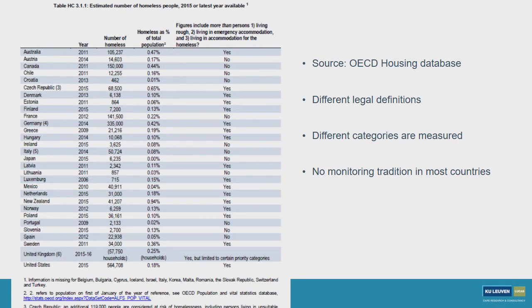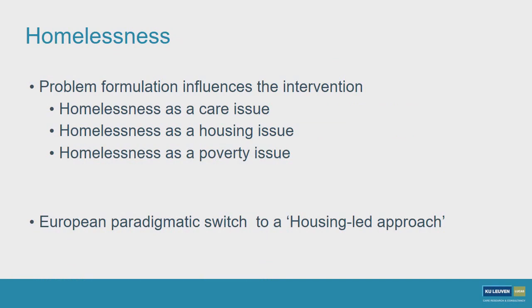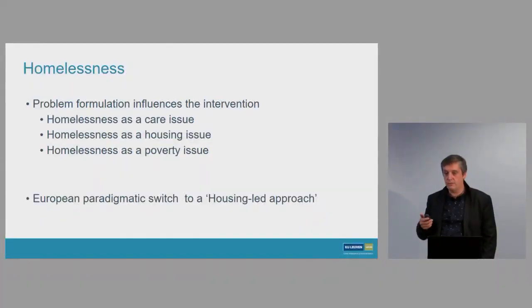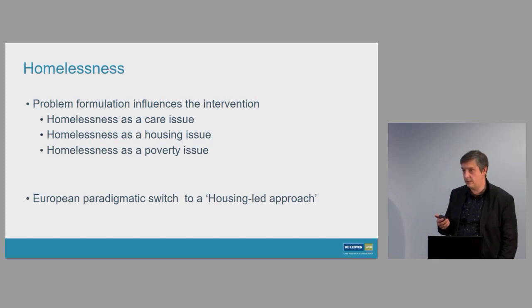So, of course, if you want to diminish homelessness, we first have to agree on what we mean by homelessness. And secondly, we also have to find a consensus on how to fight against homelessness.